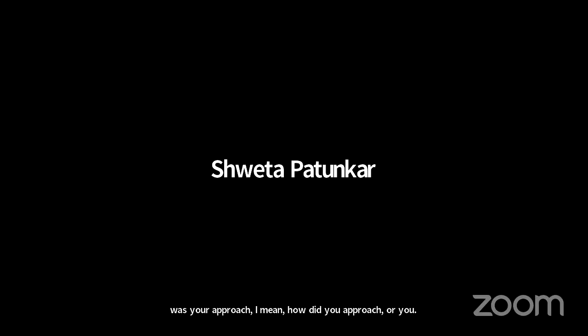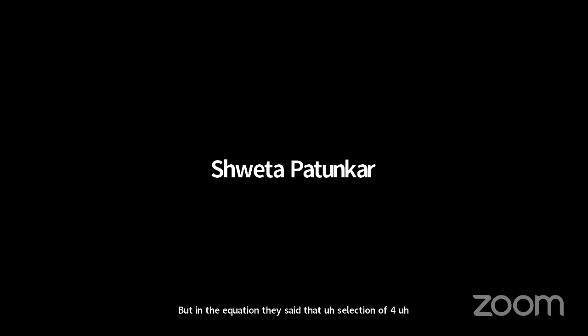In a couple, there are 3 places for women and 3 places for men, right? So choosing 3 women out of 4 is 4 into 3 into 2, and for men it is 5 into 4 into 3. But in the explanation, they said that the selection of 3 women from the 4 is only 4.